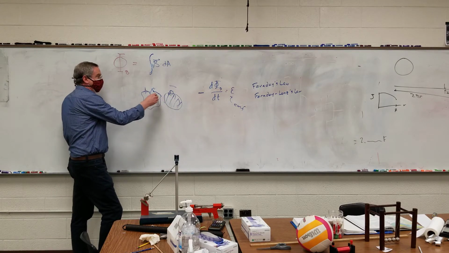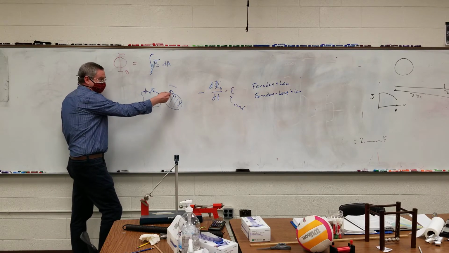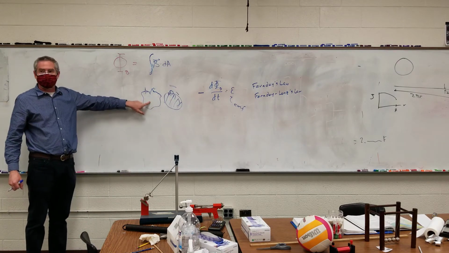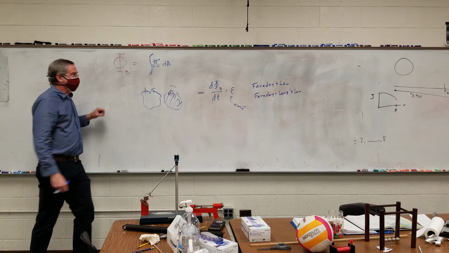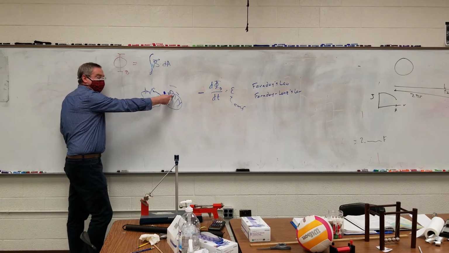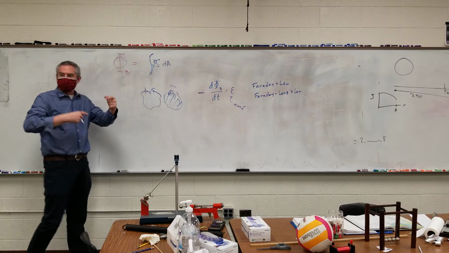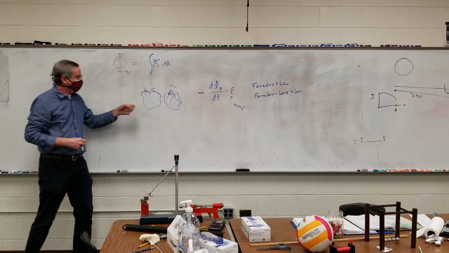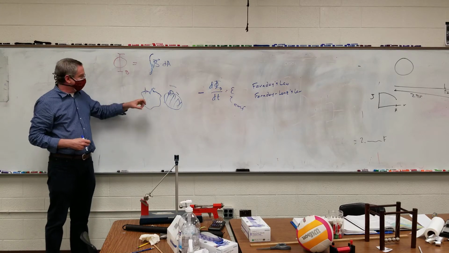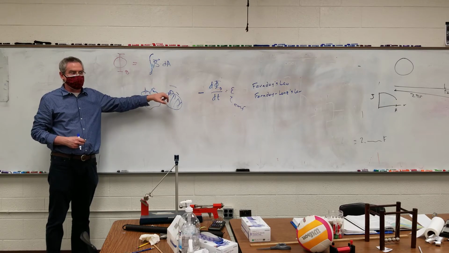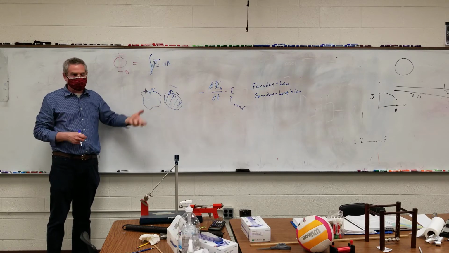I'm not going to be able to create a current here, because as soon as I do, it creates a magnetic field, which creates a magnetic flux through this. It's not going to get into this cyclical thing where I get this current going, which gets that current going, which makes this current bigger, which makes that current bigger, and suddenly the whole thing blows up.